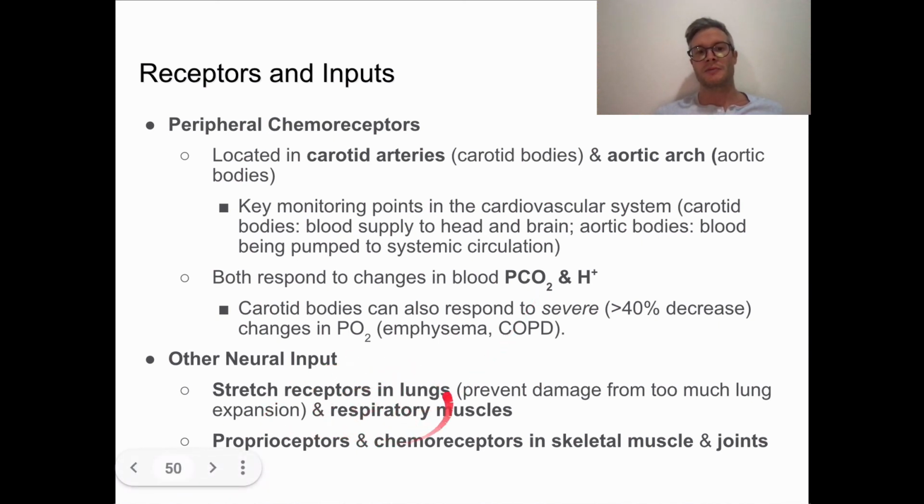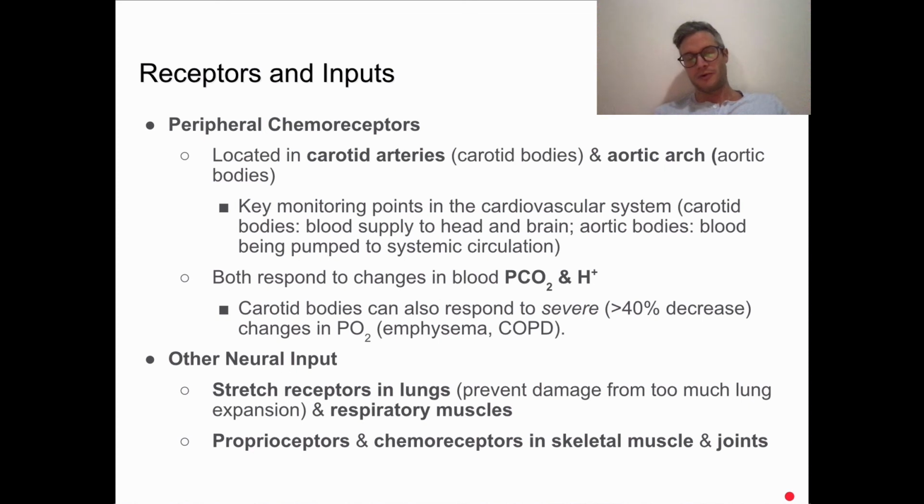Stretch receptors or mechanoreceptors in muscle and joints and our lungs, generally again associated with an increase of physical activity, increase our respiratory rate. Okay, so again, those should have been a good review.